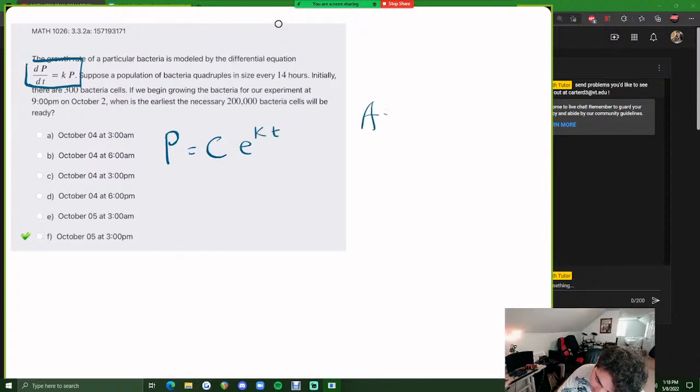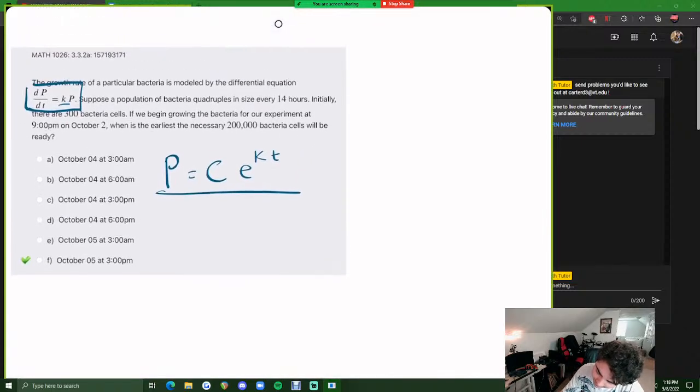It's very much the A equals Pe to the rt you might be familiar with. It's the same exact thing. Whenever the differential equation is just k times p, we can jump straight to this.